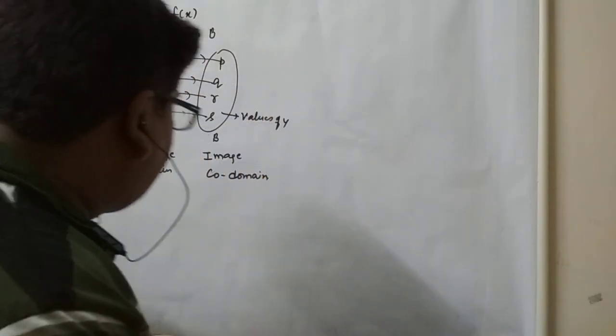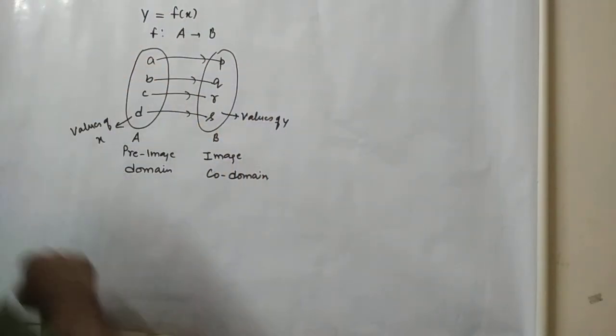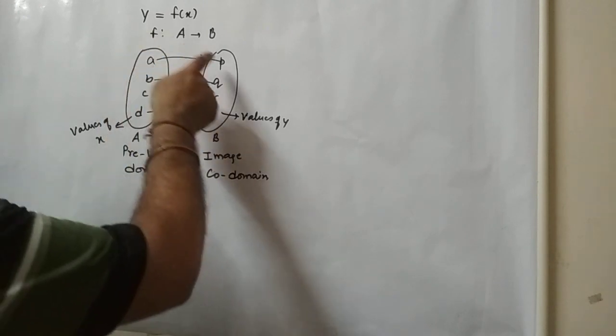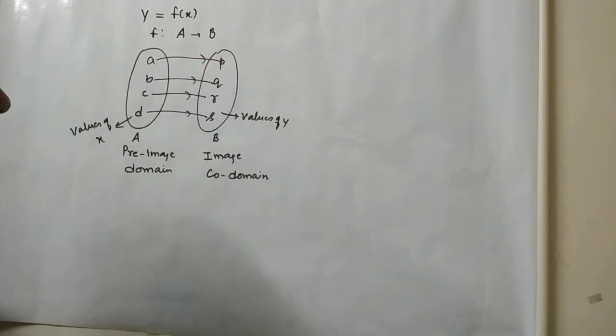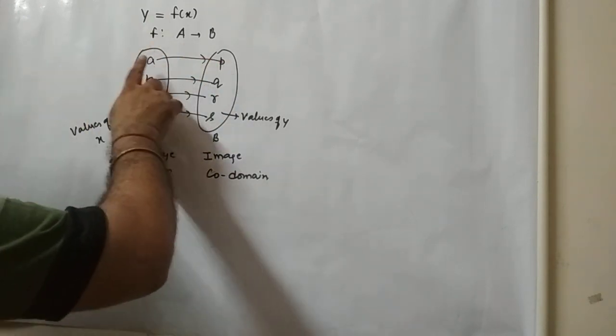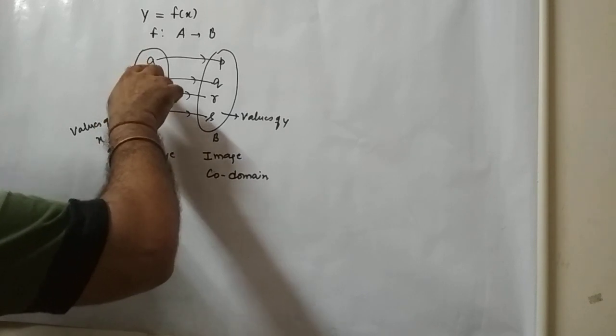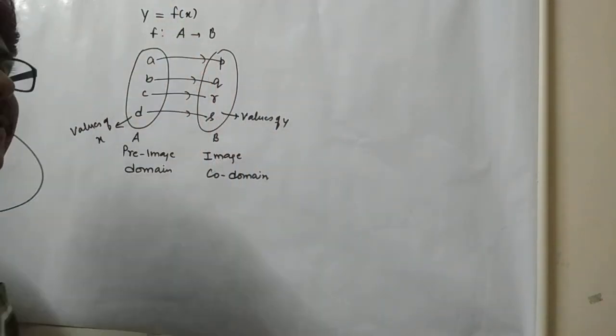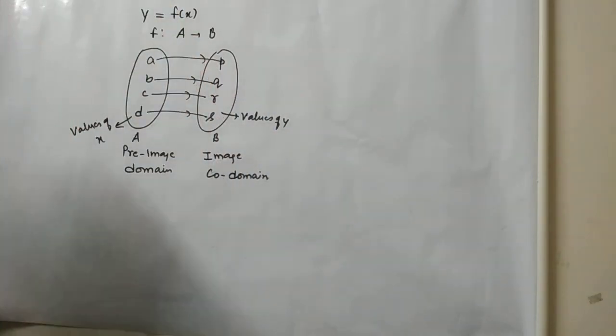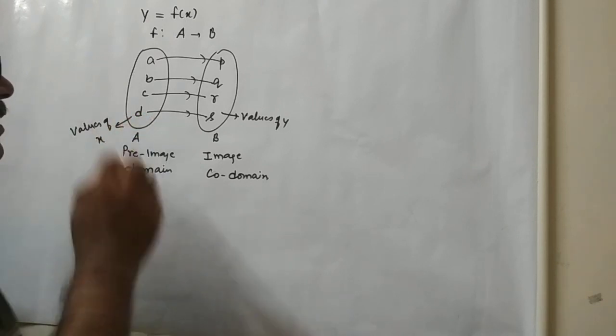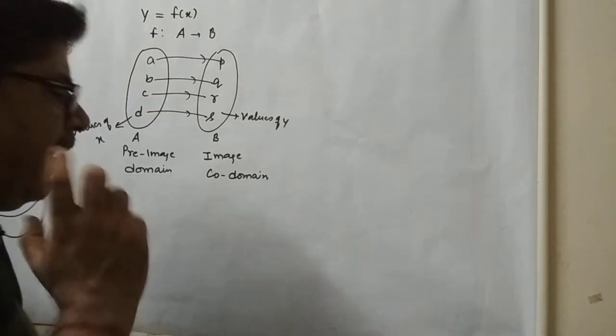Similarly, here, for each element of set A, there should be only one value of y, and for each value of x there must be an element corresponded in set B. That means there must be a value of y.